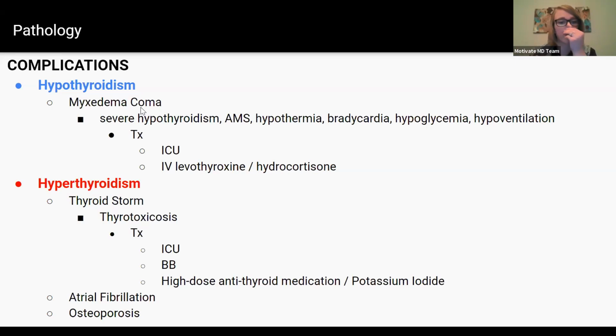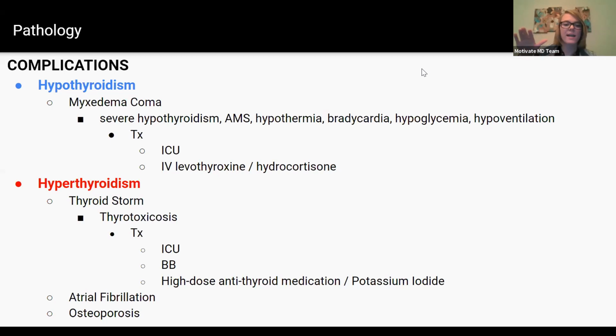Their family might bring them in and say, they're not talking, they might be very cold. They might be hypotensive. They might have a low respiratory rate. And these are all signs that we want to act quickly, especially if they're hypoventilating. We might have to intubate this person. This warrants ICU admission. We want to give them IV levothyroxine, potentially steroids.